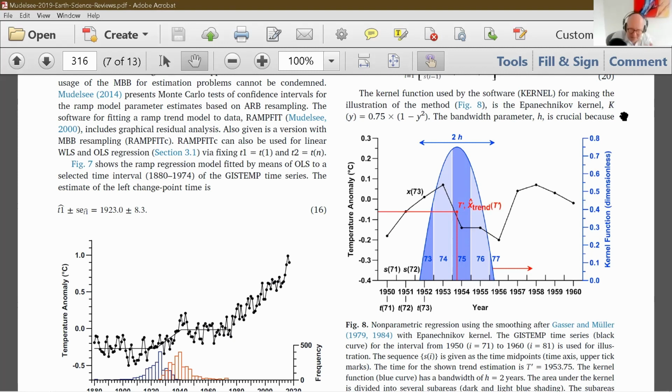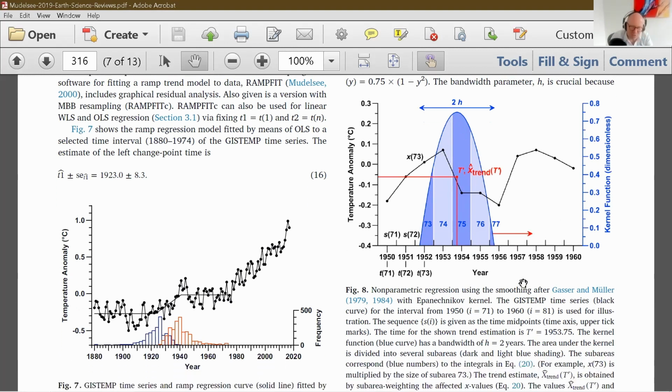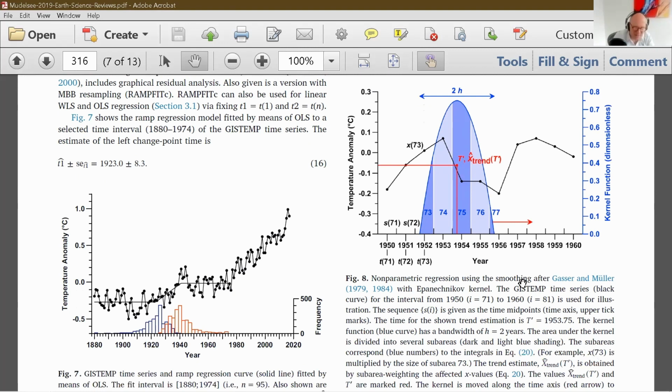So if you want to understand the kernel method, then don't try the formulas in the paper. Consider looking at the figure in that paper, because this explains, so to say, the weighting in the kernel function. So this is the Epanechnikov kernel, okay? This then tells you how the thing is technically done. Sometimes it's interesting to study also the technical details.